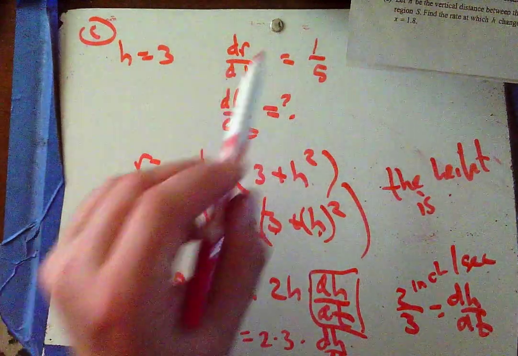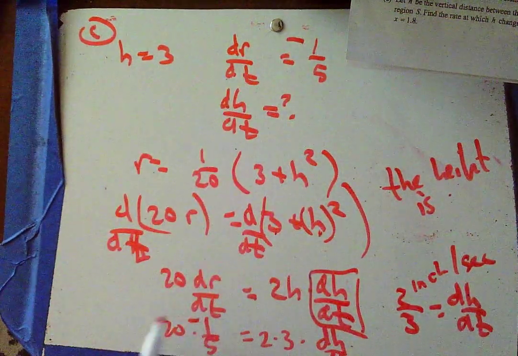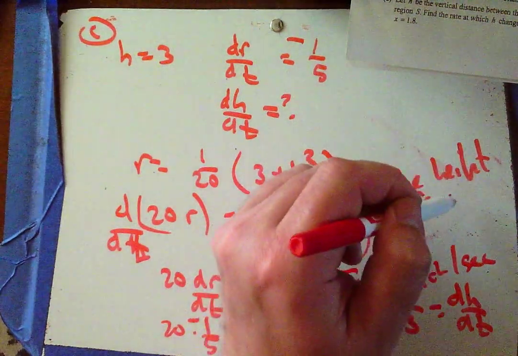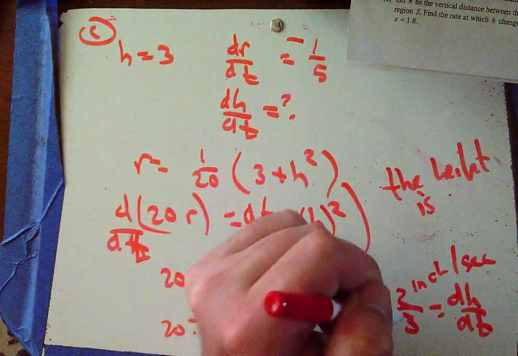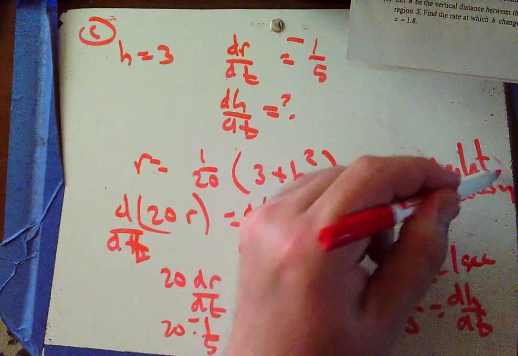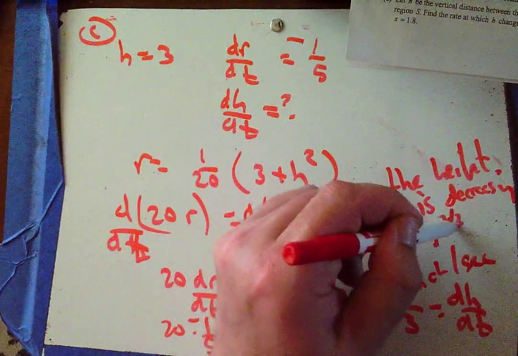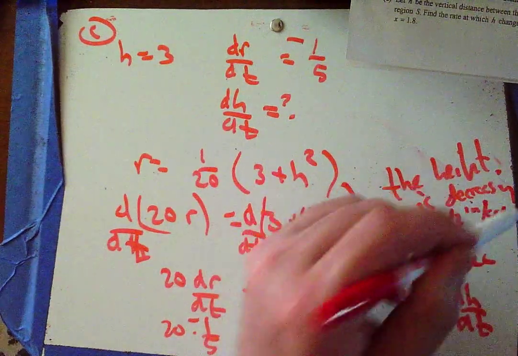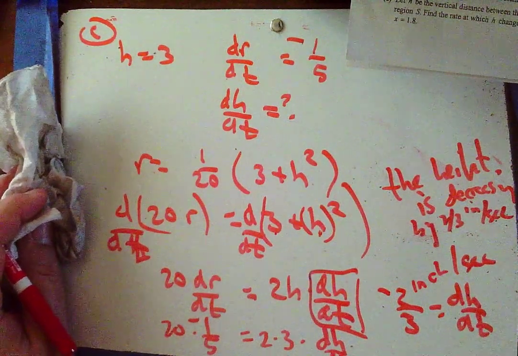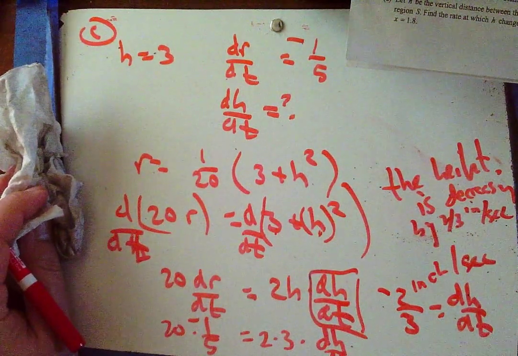So this must be a negative up here and a negative, and so we get a negative over here. So the height is changing by negative 2/3, or decreasing by 2/3 of an inch per second. Be careful with that sign.